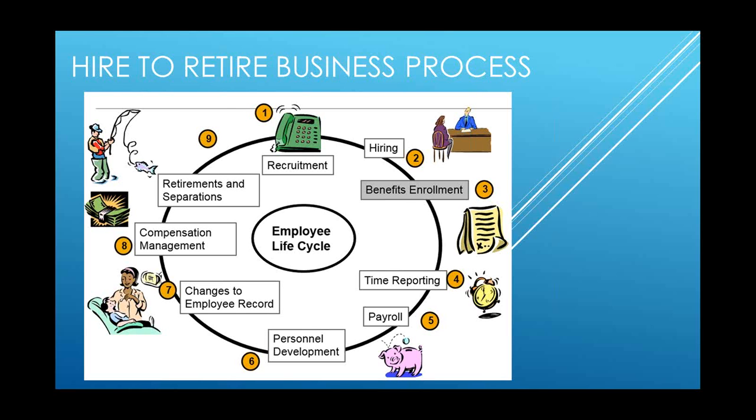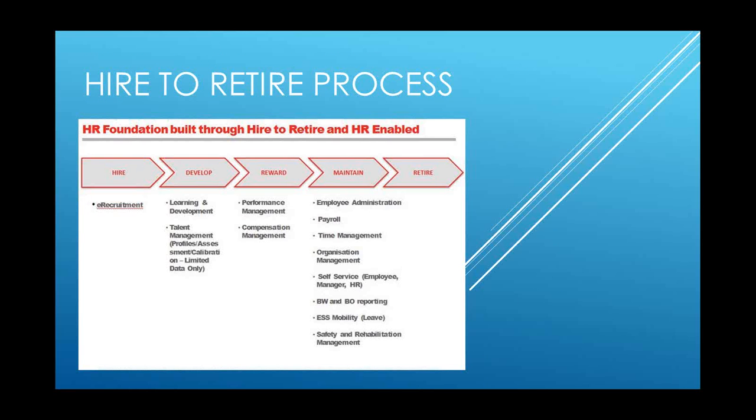So this is the entire hire to retire business process, which any company for that matter will have as a whole, but the nomenclature and flow might differ, and they might name things differently, but on the whole, this is what any company which has HR policies will have from end to end. So this is about the hire to retire business process. Now again, hire to retire is just the foundation for any HR enabled company.